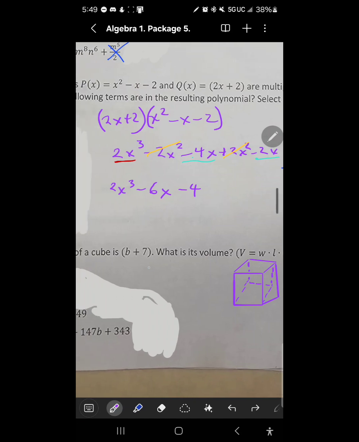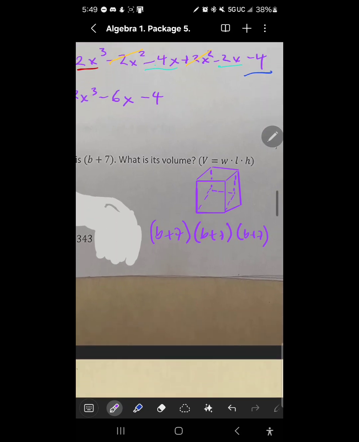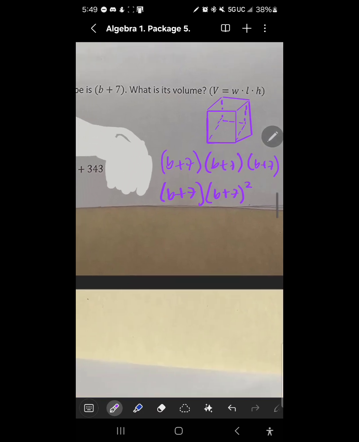So, it's just going to be b plus 7 times b plus 7 times b plus 7. Now, I technically can say b plus 7 times b plus 7 squared, just combining because I have the same value.